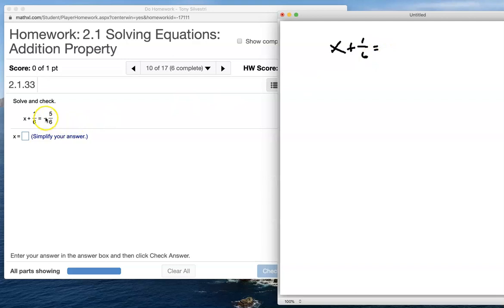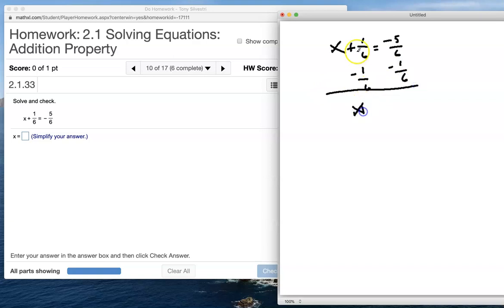I like to have the negative in the top. It just makes it easier for me to do the math. Doesn't matter where you put it. I am going to subtract 1/6 because the opposite of plus 1/6 is minus. Whatever you do on one side, you do on the other.